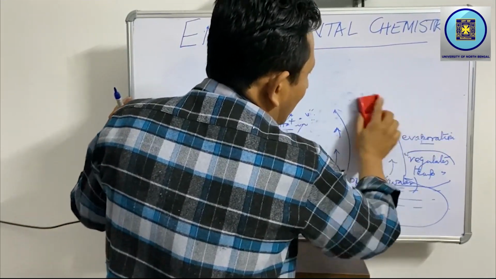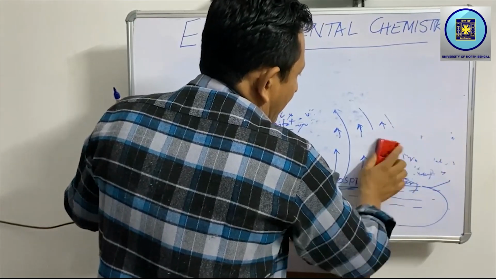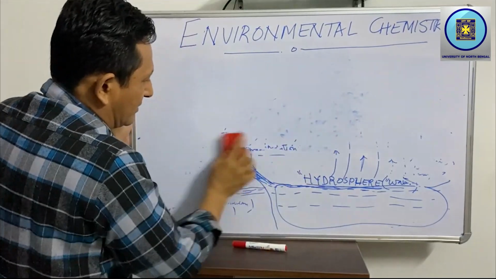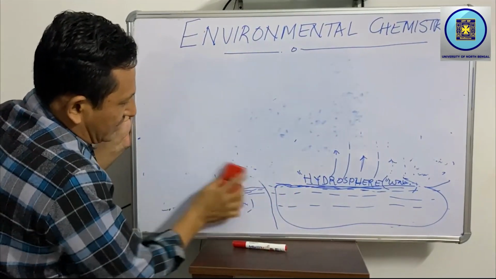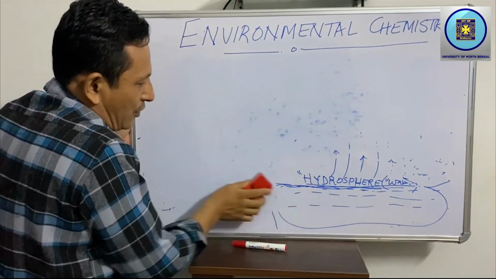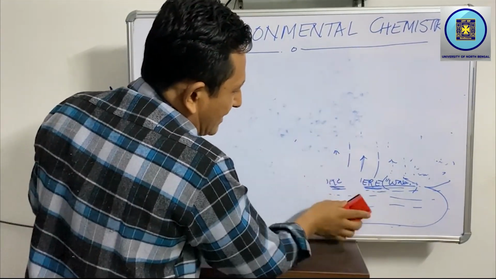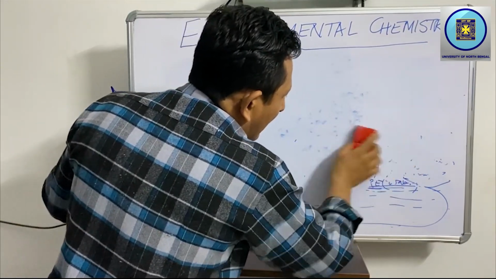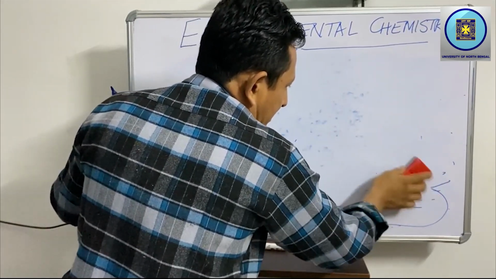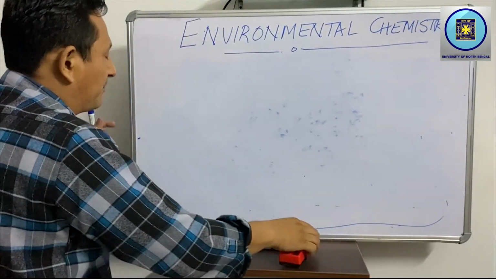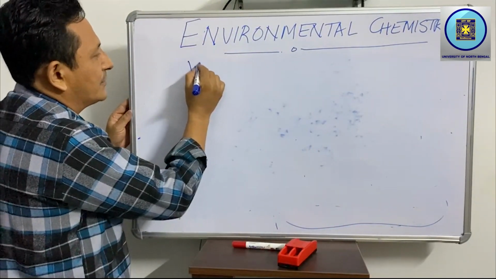Because most of the planets, as far as we've known till date, don't have life forms. It's only planet Earth which has life forms on it. This is because of the presence of water.